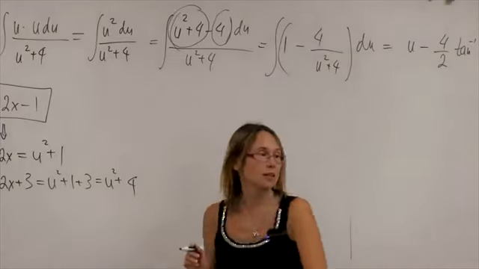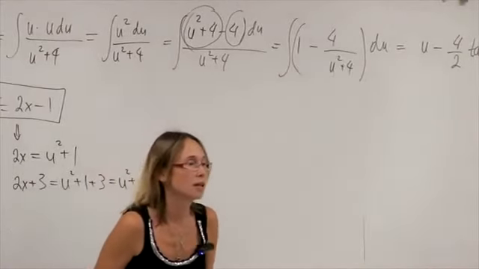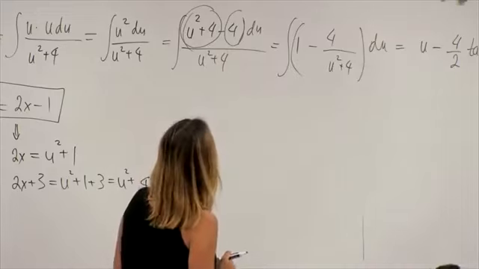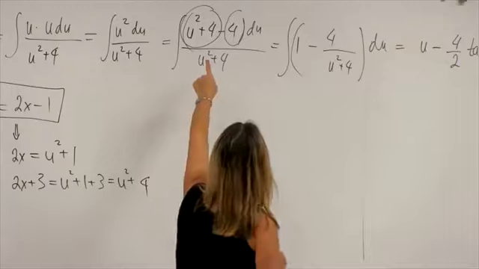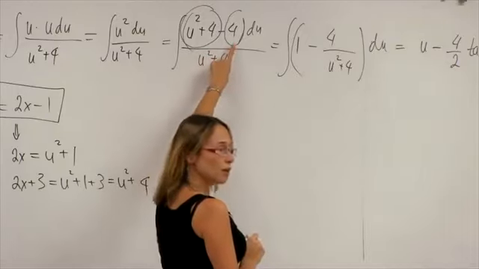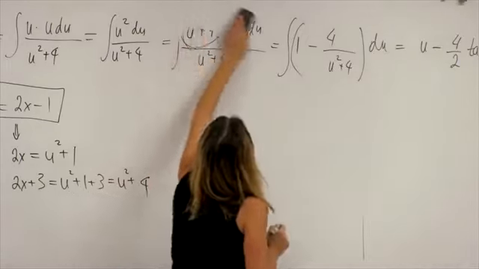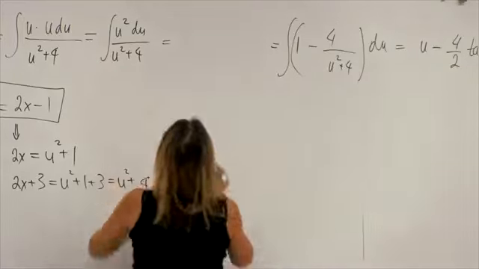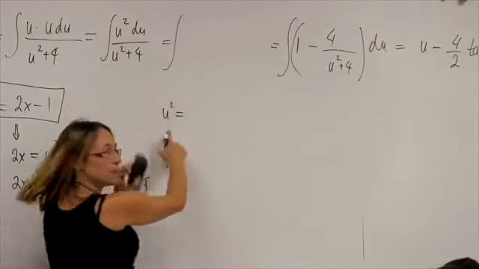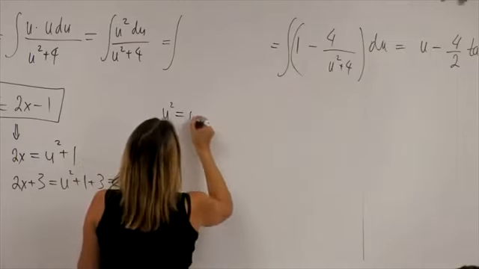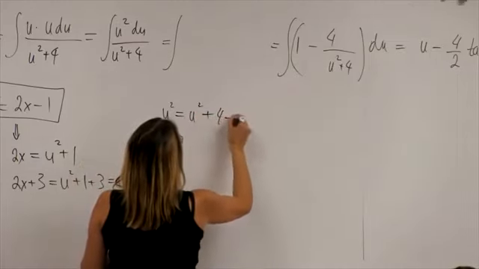More questions? Question? How did you get to u squared plus 4 minus 4? Oh, so if I start from here, in the numerator I have u squared. So u squared is u squared plus 4 minus 4.